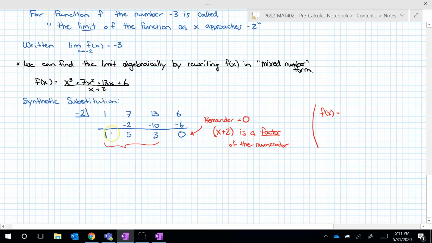If this is the x cubed, I go one unit smaller in the exponent. So this would be an x squared, an x term, and my number term. These are the coefficients of the quadratic.